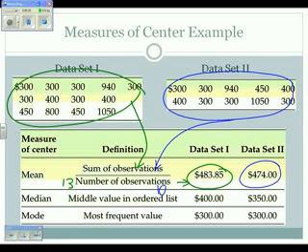When we added these, we would probably get 4740, because then if you divide 4740 by 10, you get 474. And then the median is ordering all of these data values from least to greatest. So for data set number 1, we would do 300, 300, 300, 300, 300.